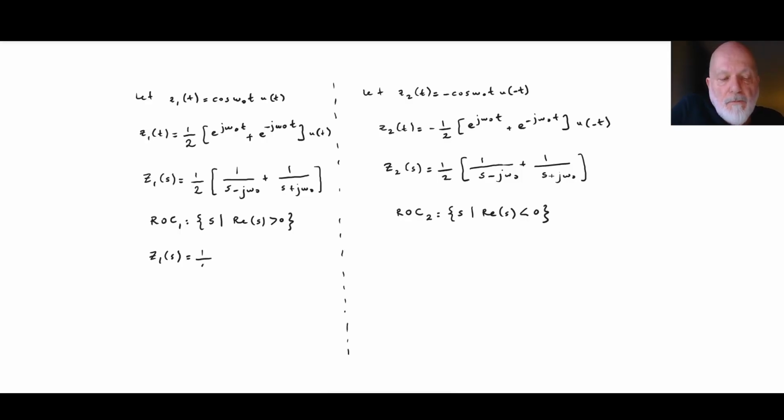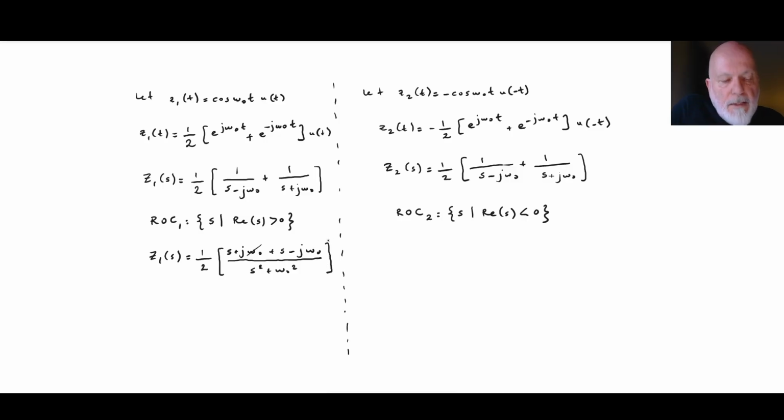We have 1 over 2 times s plus j omega 0 plus s minus j omega 0 divided by s square plus omega 0 square.